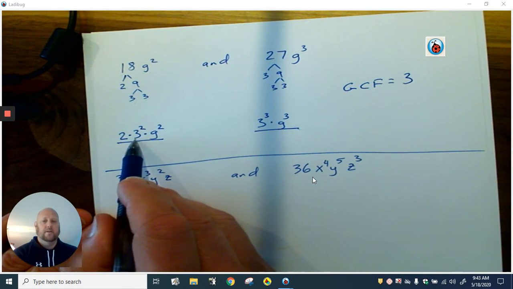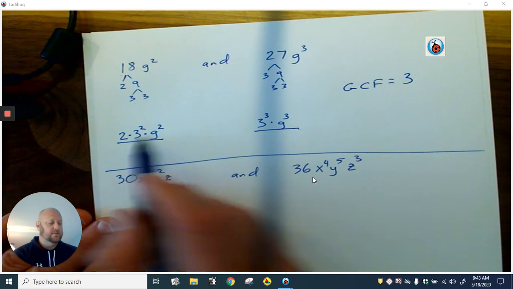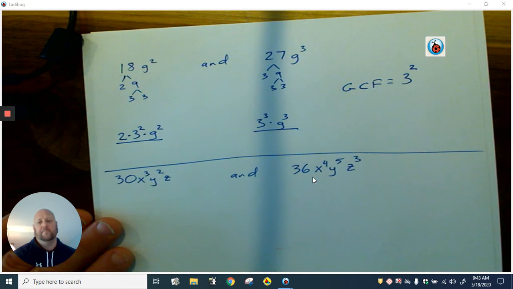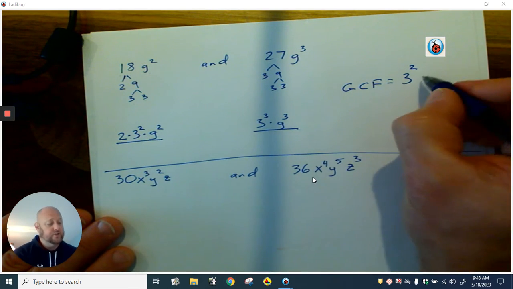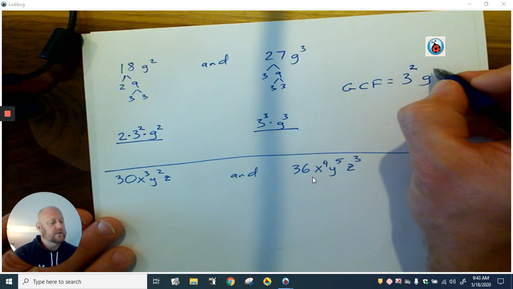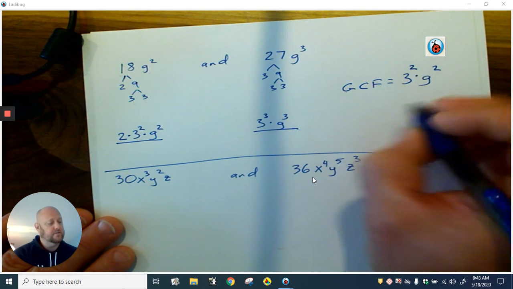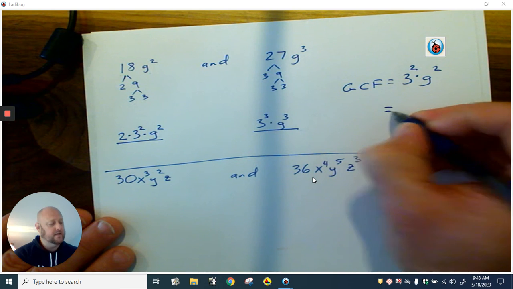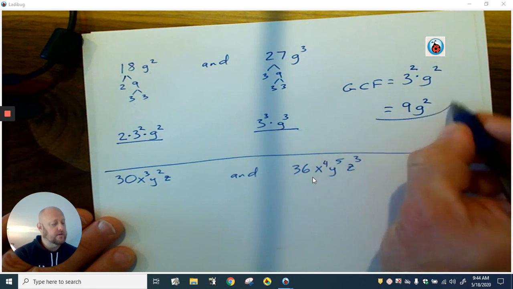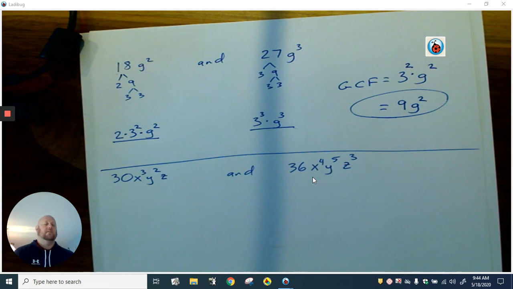How many 3s do they both have at least? Well, this has 2, this has 3. They both have at least 2. They also both have g's, and they also both have at least 2 g's. So again, we just multiply that back together, and it would be 9g squared, and that would be the GCF, okay?